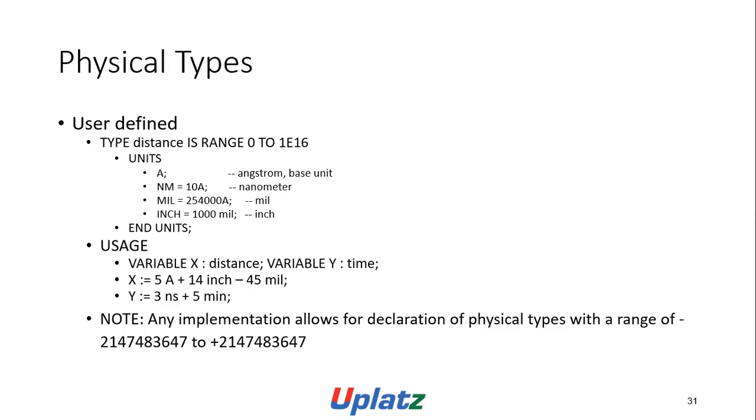Usage: variable X distance, variable Y time. X equals 5 A plus 14 inch minus 45 mil. Y equals 3 nanosecond plus 5 minute.